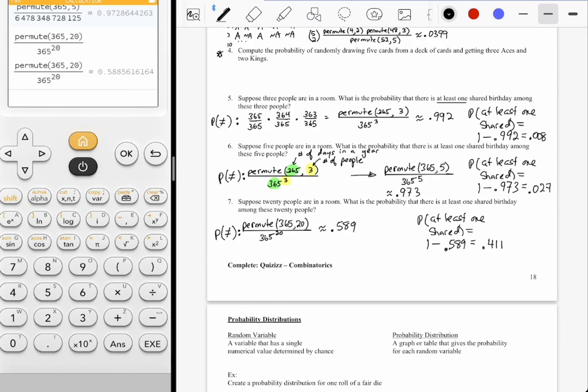If they know that there's more than 365 people in a room, they say, I predict that there's a person in here with a birthday of September whatever, or they could say, I predict that there's two people in the room that have the same birthday. It becomes a virtual guarantee the higher you get, but then it becomes guaranteed once you get over 365, assuming you don't count the leap years.